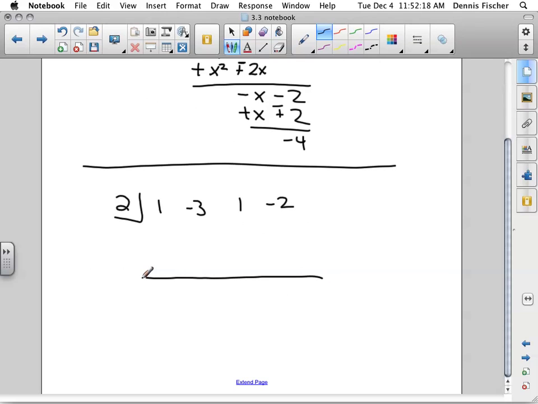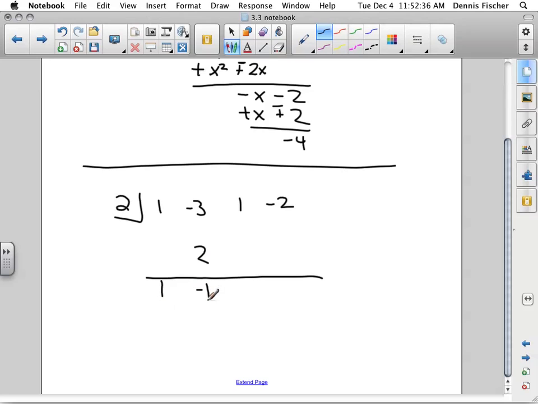This next step is going to be real hard. First, the first number past this bracket, bring it down. 1. Everyone follow me so far? 2 times this 1, put it here, add them together, -1.